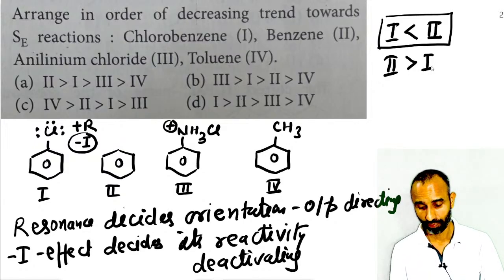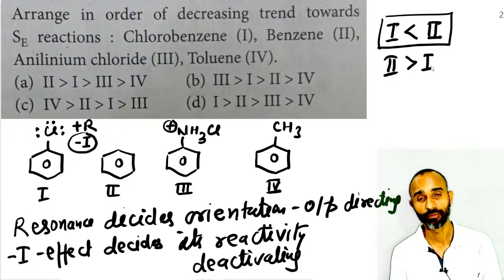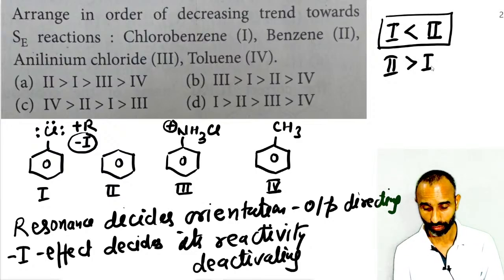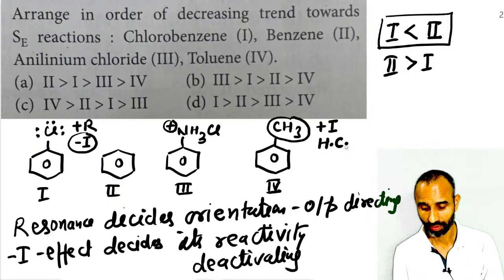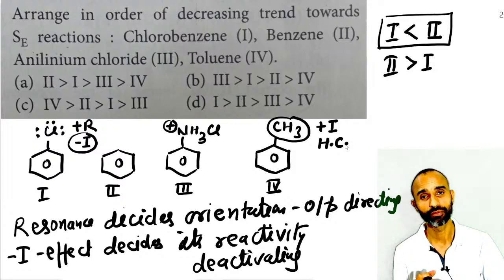Now, if we see the fourth one, you know, there is a methyl group. Methyl group has a plus I effect, and at the same time hyperconjugation. That's why it is an activating group.